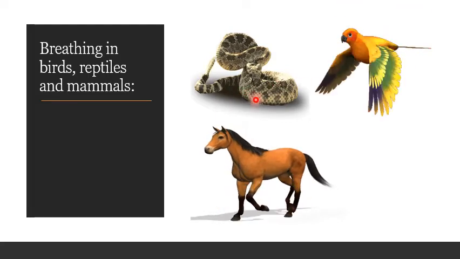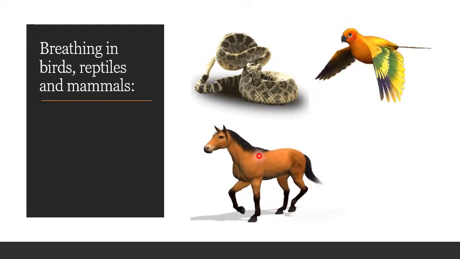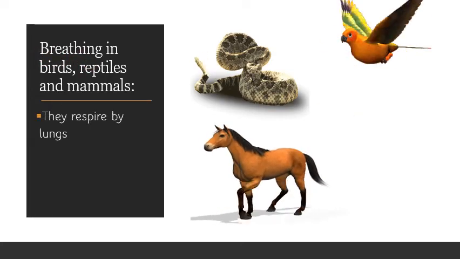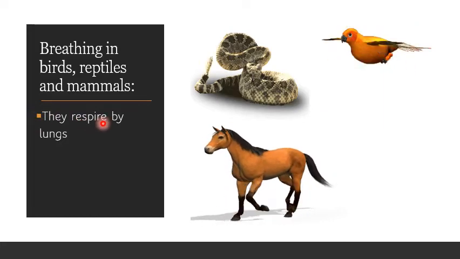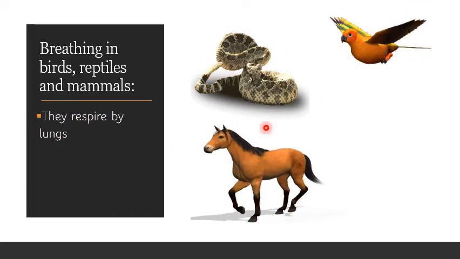Why and how they have been divided, we are not supposed to discuss here, because here we are concerned with breathing. So if we talk about breathing, they all respire through lungs. Why have we taken them together?